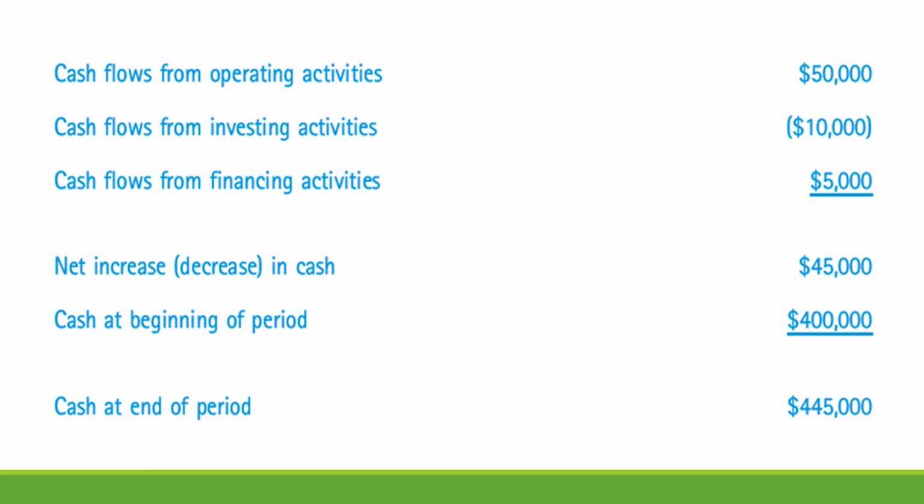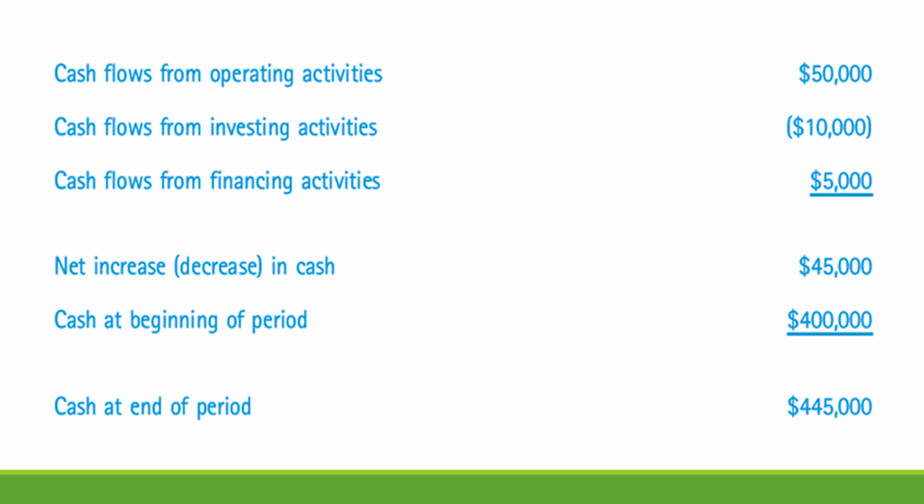This number can be either a negative or a positive, and it just really depends on what the activity is at that particular point in time. For this example, the firm decided to repair a fixed asset, and therefore it's showing a negative cash flow from investing activities. Lastly, you see financing activities.